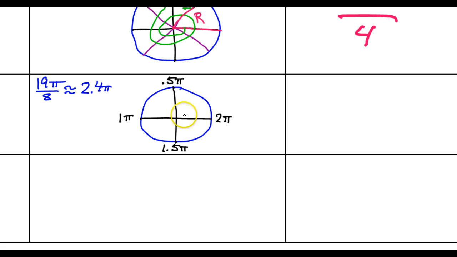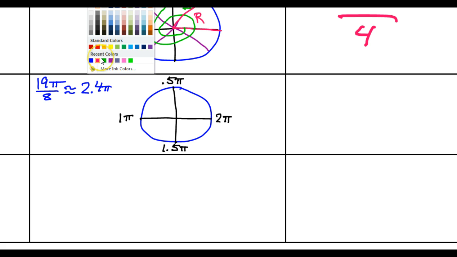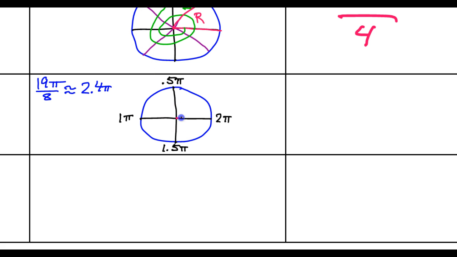Now, we're going to 2.4 pi. Here was my initial side right here. If I go all the way around, we can agree that that's 2 pi so far. If I went another quadrant, that would be 2.5, but that would be too far because this is approximately 2.4.